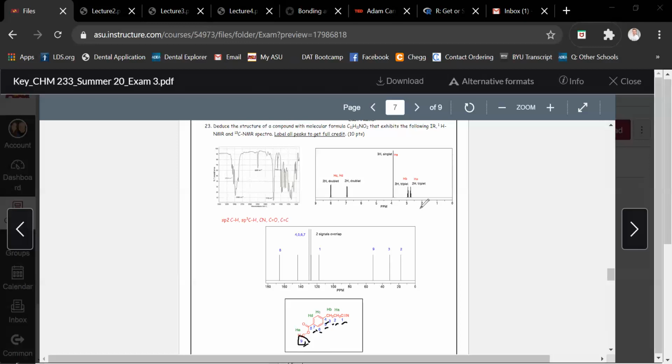But if you have the chart he gives you, he'll say a C triple bond N is going to show up somewhere around 118 or something like that. So you'd say, okay, that's my carbon 1, right? And then you just kind of work through it like that. Does that make sense?